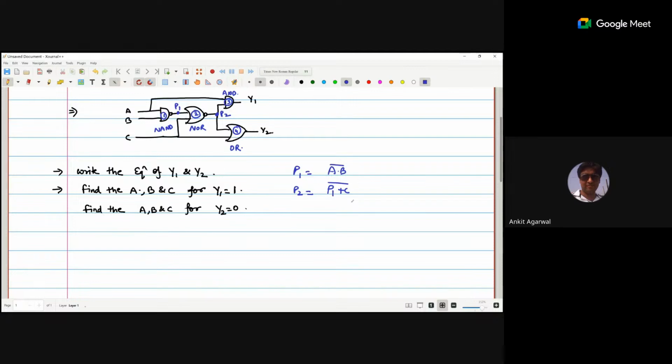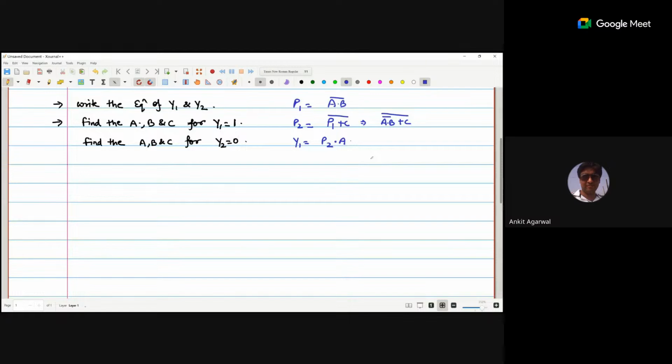Now substituting P1, P2 equals ((A dot B) bar plus C) whole bar. Now Y1. Y1 is what? P2 ANDed with the other input. P2 is this one, ((A B) bar plus C) whole bar, multiplied with.